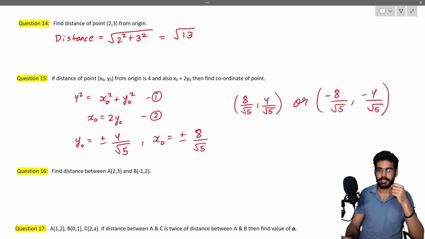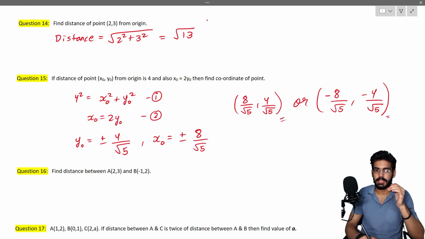Both points satisfy both equations: its distance from the origin is 4 and it lies on x naught equals 2 y naught. So both will be answers.